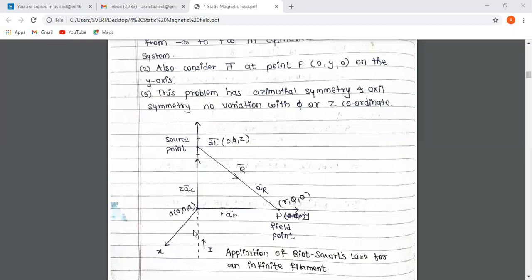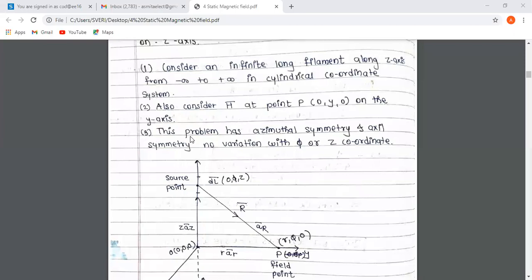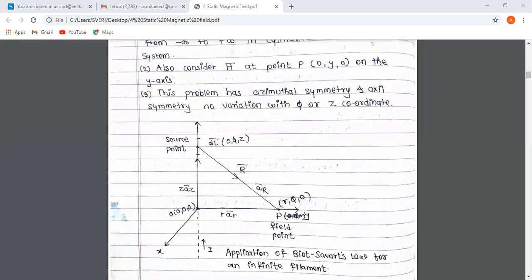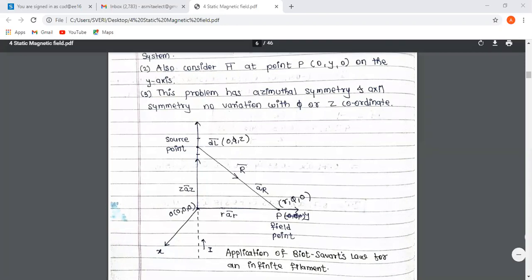Now here consider one conductor which is placed on this z axis, and its length is varying from minus infinity to plus infinity, as this is an infinite filament.